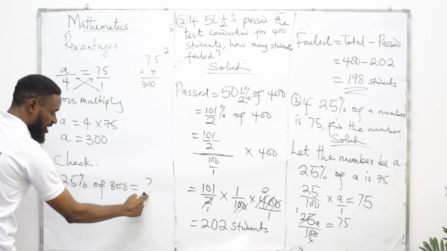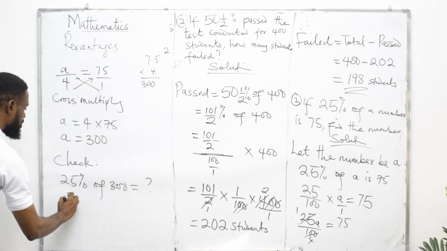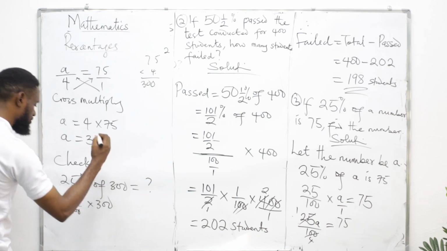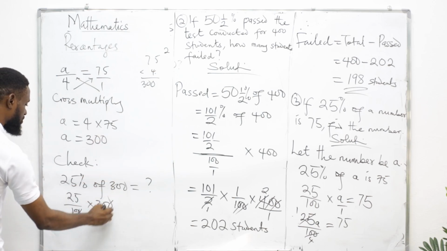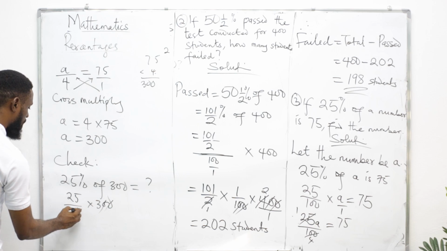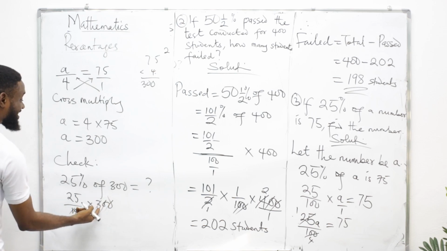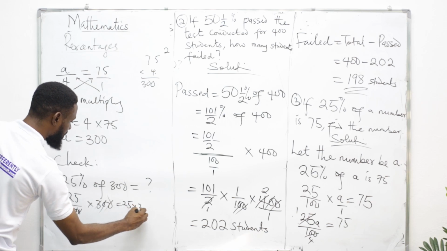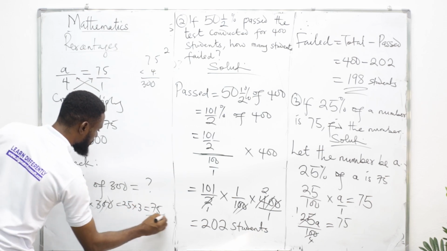We know we have 75 here, so let's see if we are correct. So this is 25% times 300. 0 cancels 0, 1 into this place. So this is 3. 1 into 3 is 3. So this means 25 times 3, which I told you before is 75.